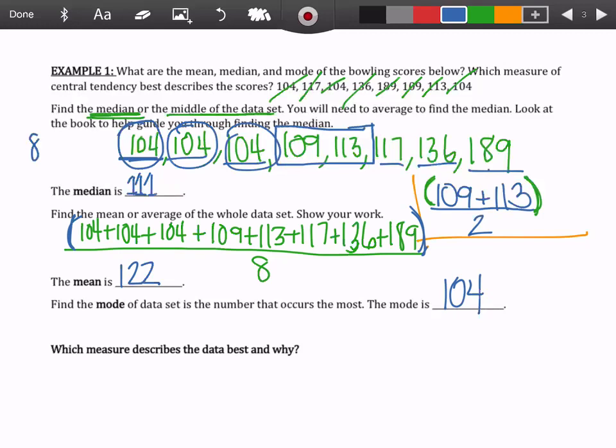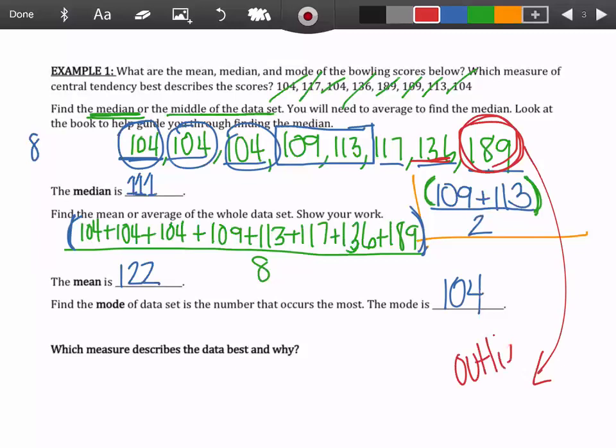So looking at this set of numbers, it's easy to miss, but 189 could be viewed as an outlier because you have all these numbers that are kind of close together, and then 189 is 50 points above the biggest number here. So 189 is going to be considered an outlier.